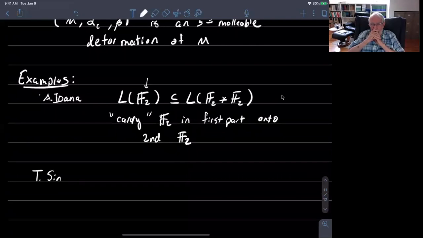Thomas Sinclair gave us a different deformation, and this one is coming from cocycles.